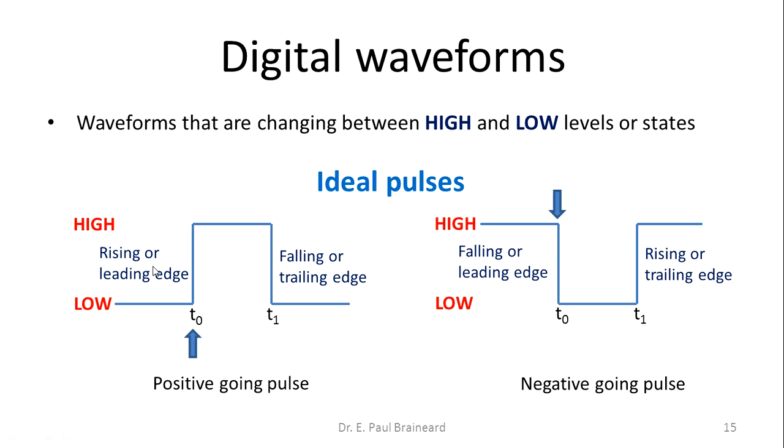The right side edge is called the falling edge or trailing edge. Trailing is something which comes behind. Similarly, for negative going pulse, the waveform is going from logic high to logic low. The left side edge is called falling edge or leading edge, and the right side edge is called rising edge or trailing edge.